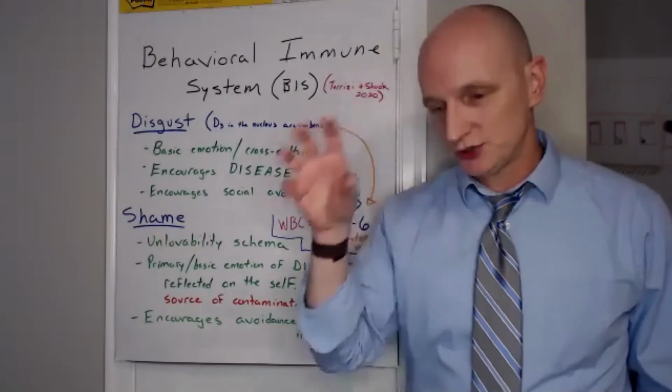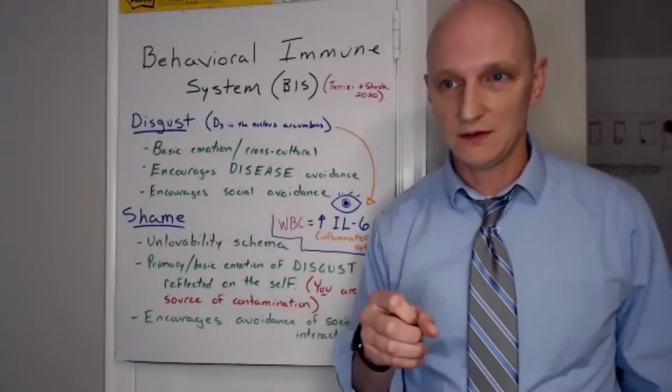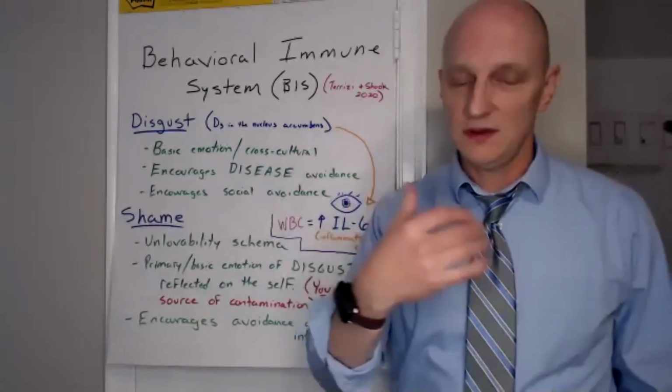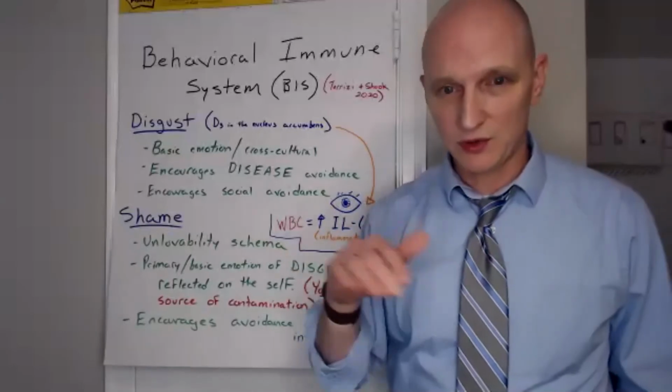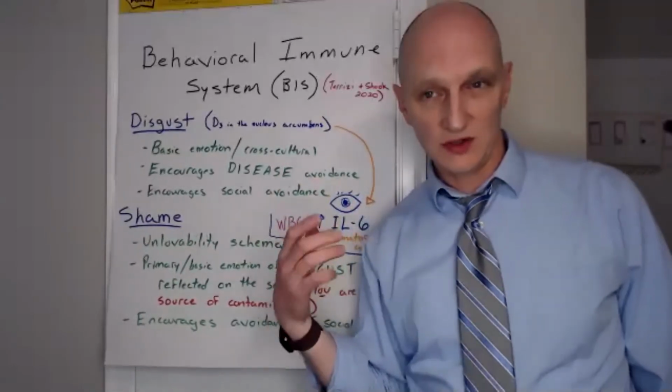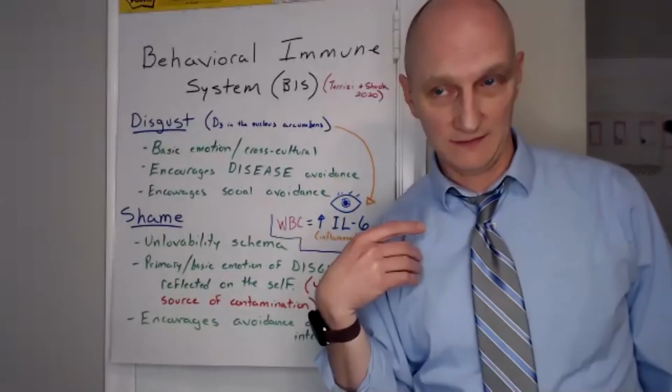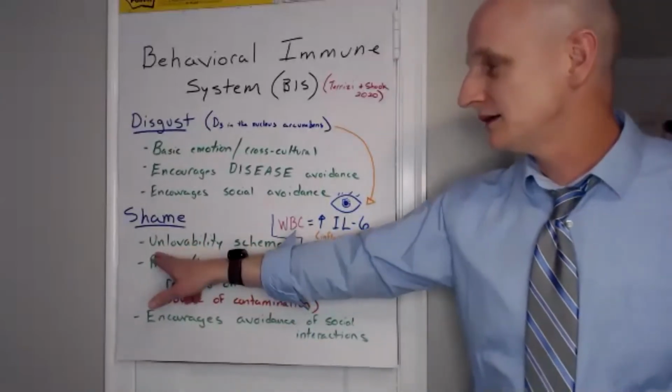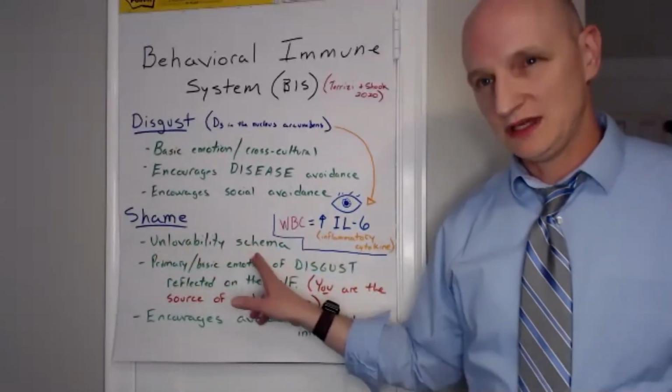So in a social setting, shame at its very primordial level is you trying to prevent the rest of the community from catching what you have. And what it looks like is the unlovability schema.